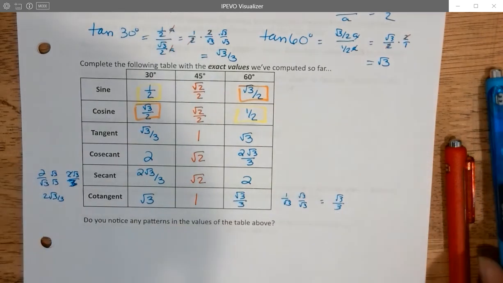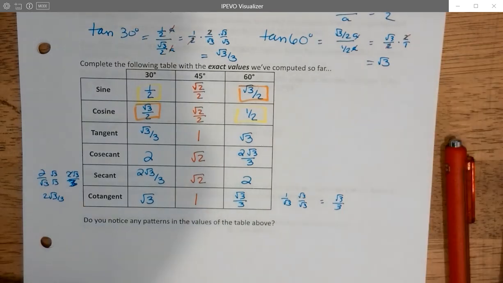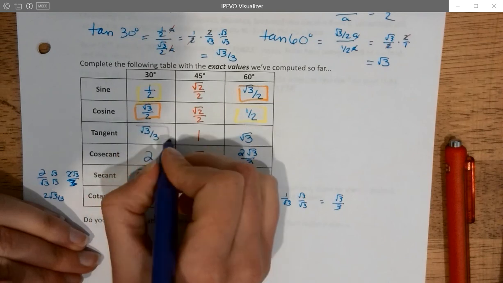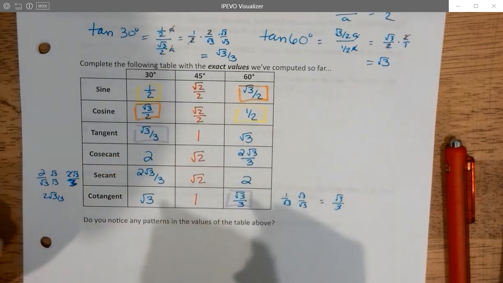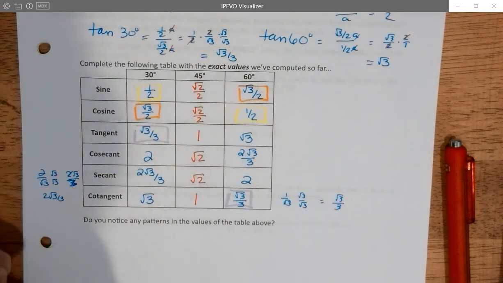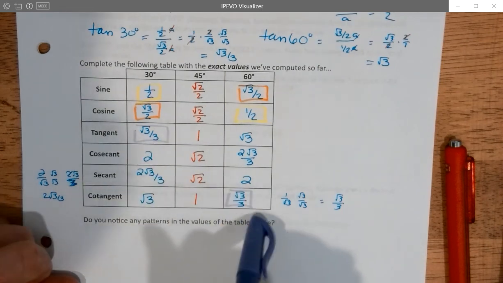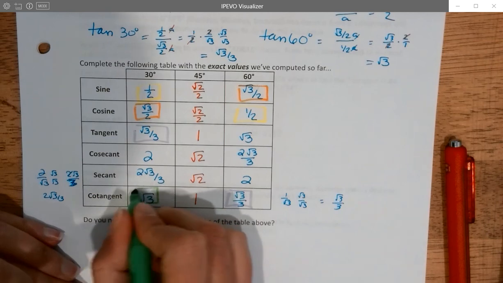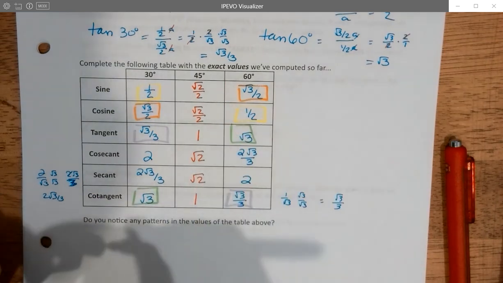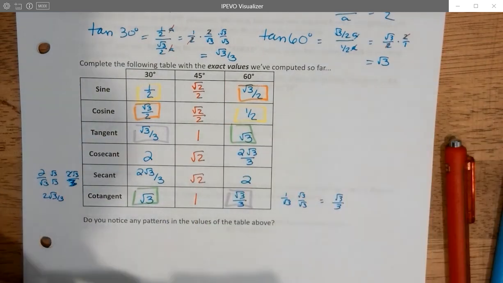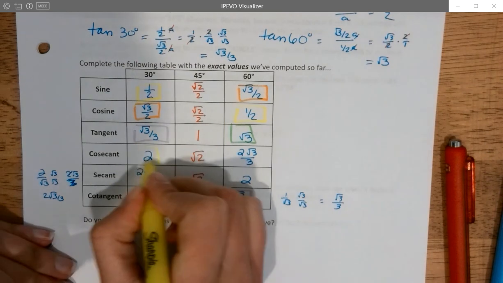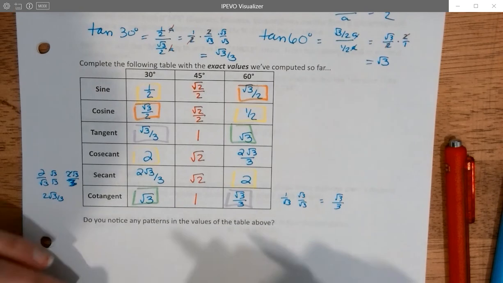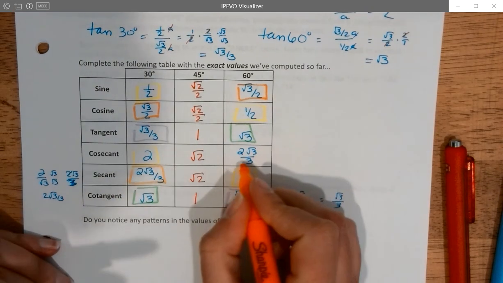Okay, so we see some more patterns right here. Tangent and cotangent, we didn't mention cofunctions yet, but we can see them now popping in because the tangent of 30 and the cotangent of 60 are cofunctions. So we see some additional patterns happening there. And then we also have the same type of patterns with our cosecants and our secants that we saw before with the sine and the cosine.